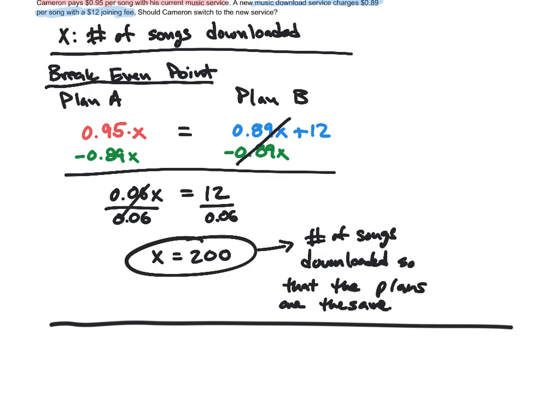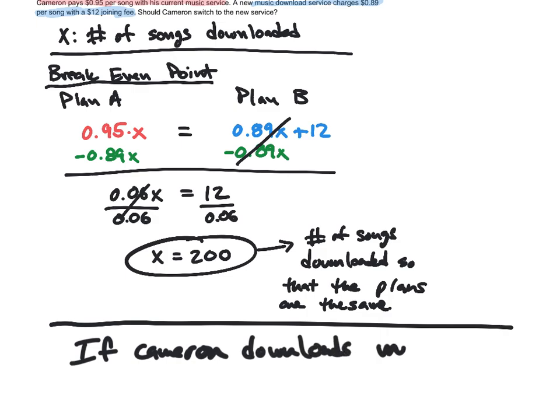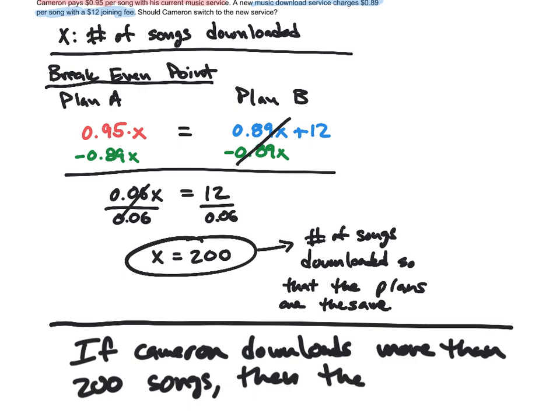And what we know is that if Cameron downloads more than 200 songs, then the new plan is more cost effective.